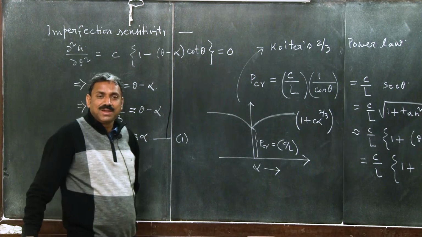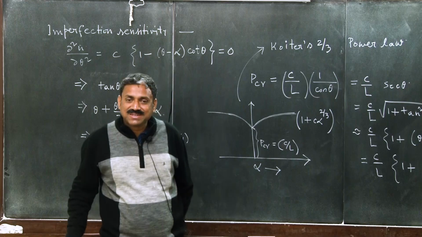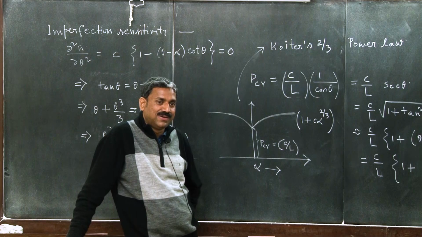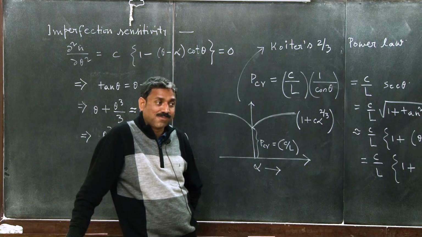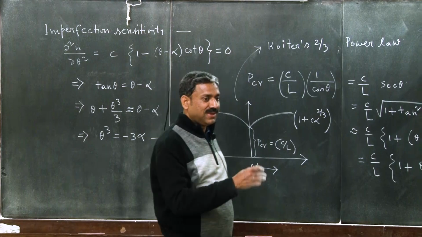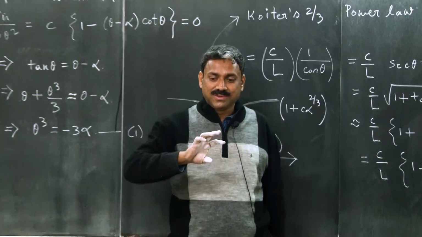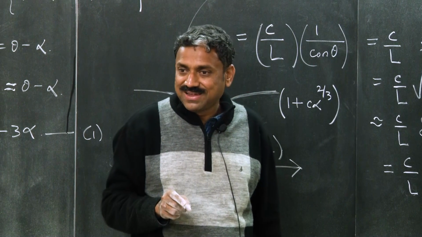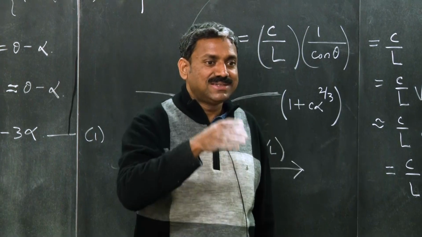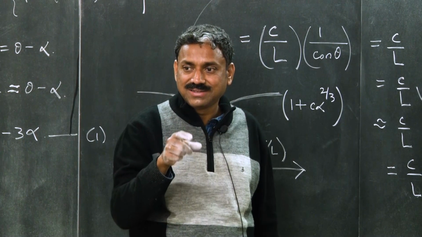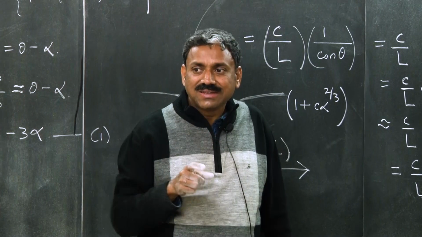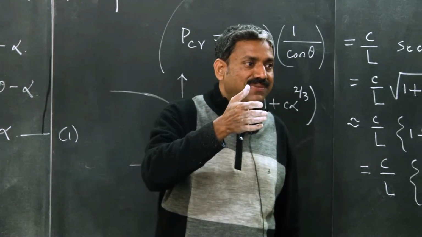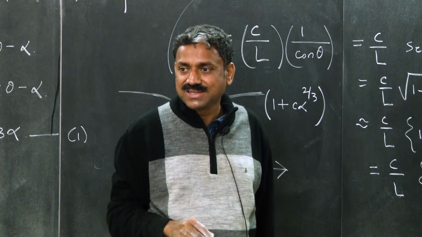So why is it happening? Why do you think that imperfection is increasing the load? The reason is that the restoring force is coming from the rotational spring, C into theta, but the destabilizing force is C into L into sin theta, and sin theta is always less than theta.